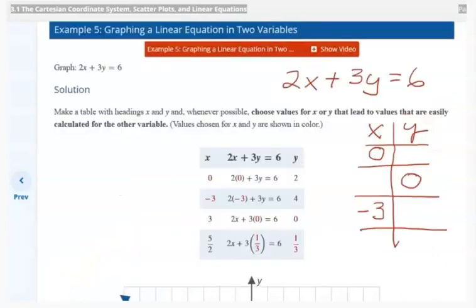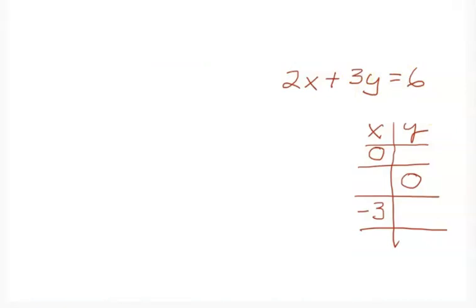Now, as we look at example 5, you're going to write that down. And I'm going to go to a whiteboard here. And a typical equation in standard form, the t-chart I would recommend is something that looks like this. So you have a 0 for the x, then a 0 for the y, and then any other point.